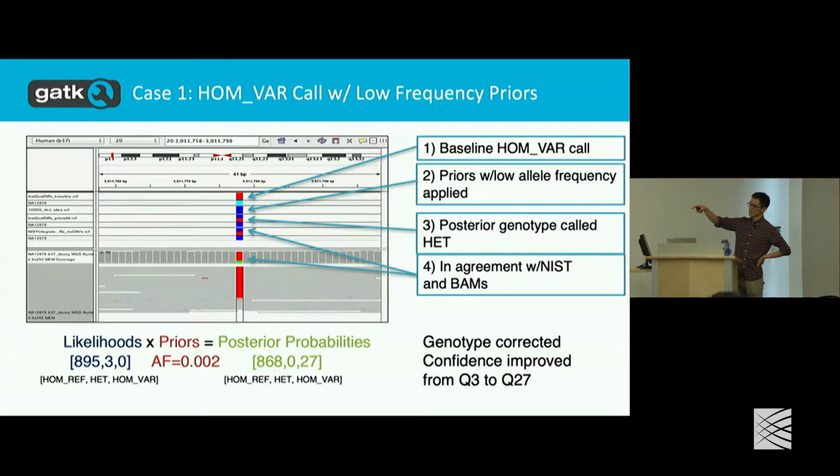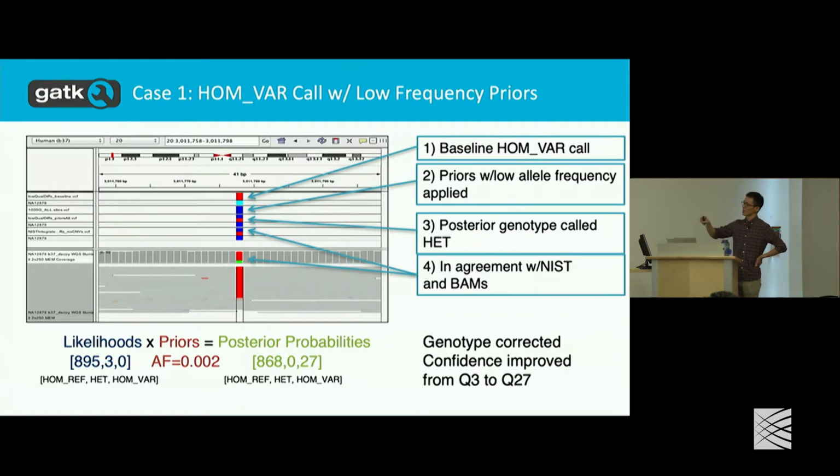These are the relative probabilities of each genotype, on a log scale.